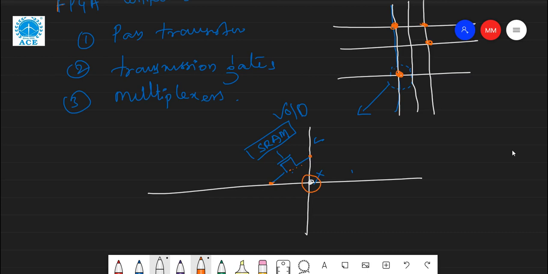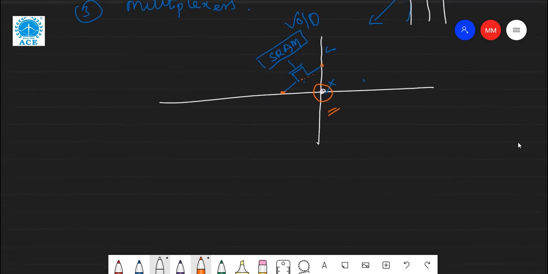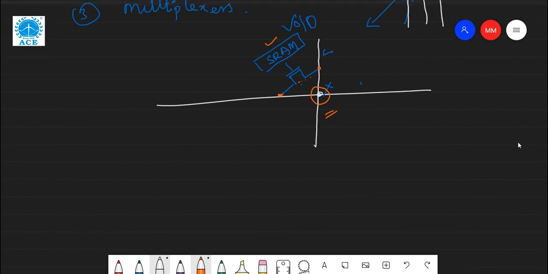So this is the pass transistor which I showed here. By using this programming, we can make connections or break connections. So here is the feasibility we have, making and breaking connections.